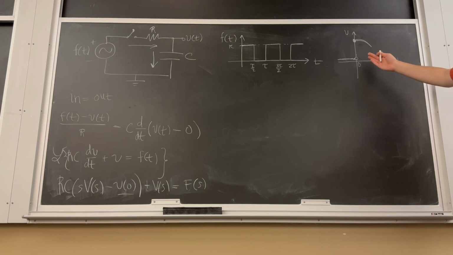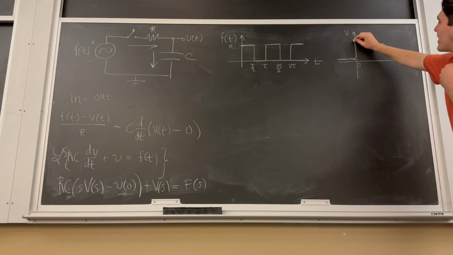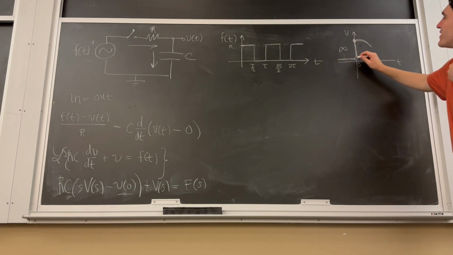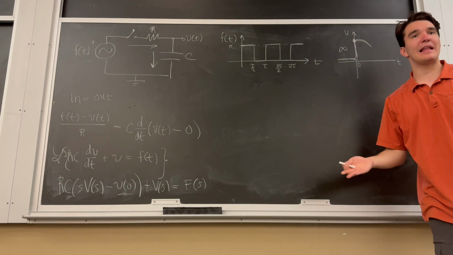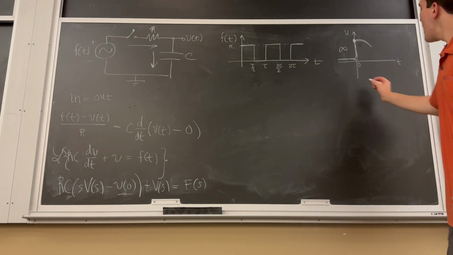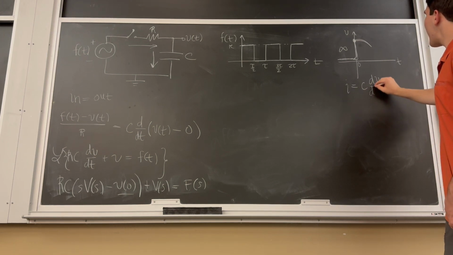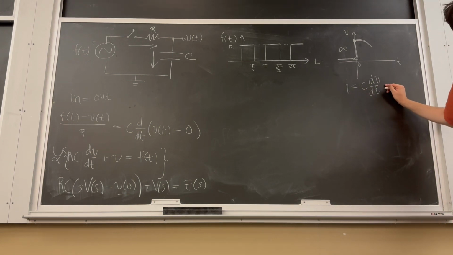So imagine that happens. What does that imply? That implies that the slope here, the derivative of the voltage with respect to time, is infinity. Infinite slope, a vertical line. What does that then imply? Recall that the current through a capacitor is equal to the capacitance times the derivative of the voltage with respect to time.